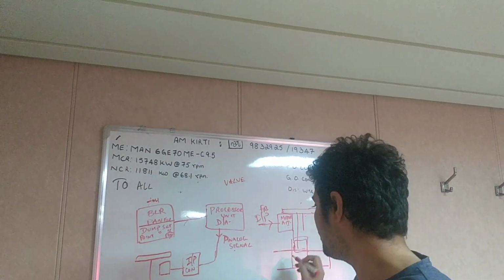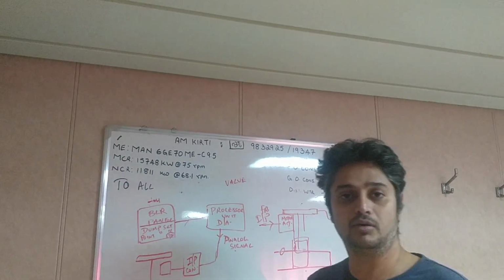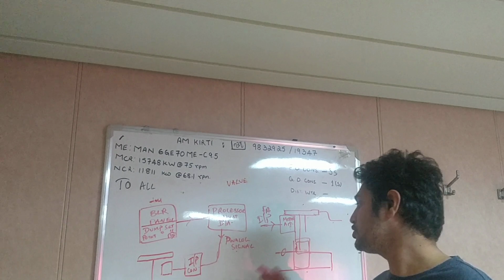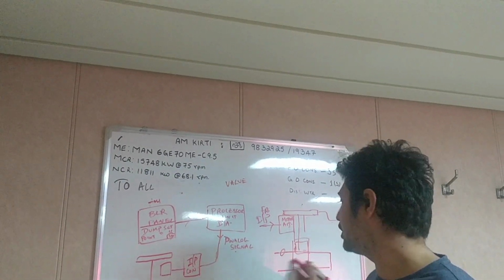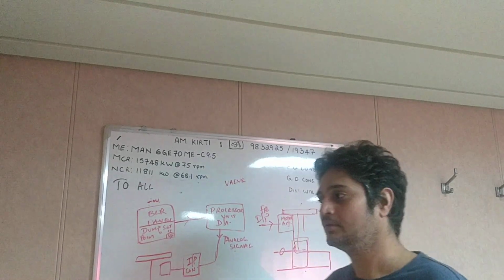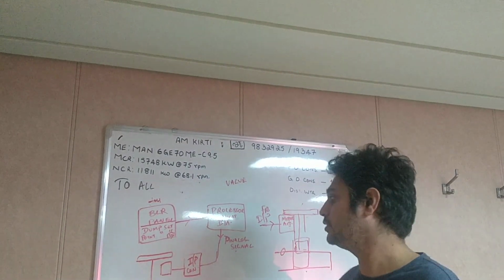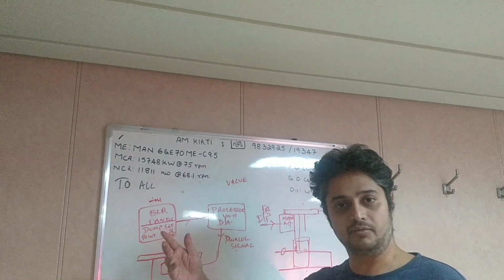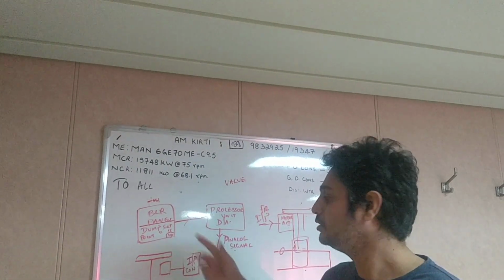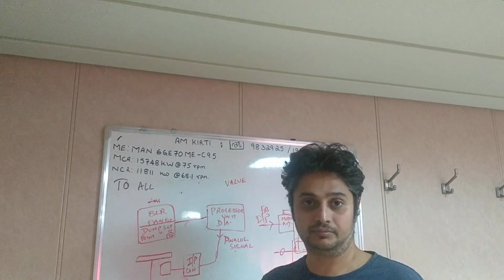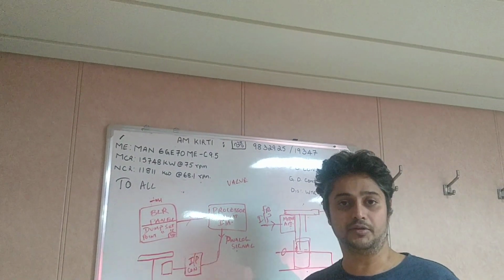Another thing is the parameter of whatever you want to control, so how much you want to dump. For that feedback, again there will be a sensor. It goes to the analog to digital converter and then to the boiler control panel, giving the feedback continuously.